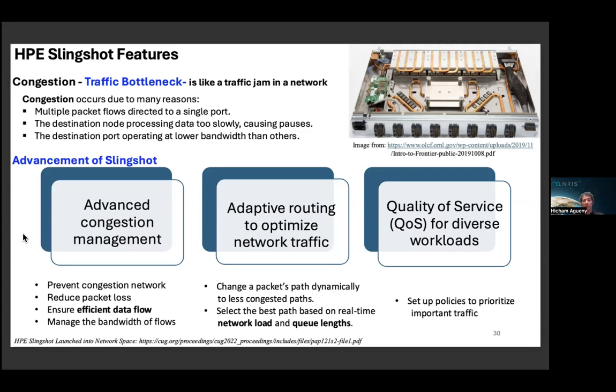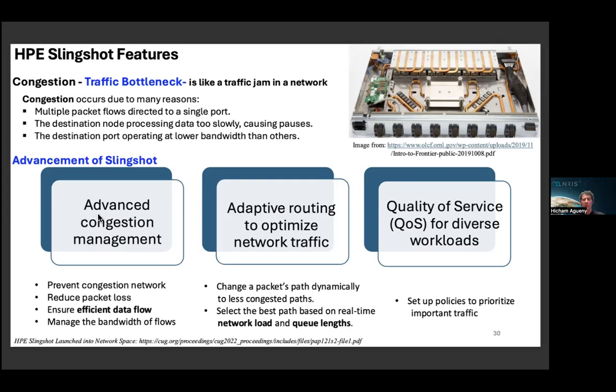Some of the features are advanced congestion management, which is a collection of techniques to detect and prevent congestion in the network. That helps reduce packet loss and manage the bandwidth between all physical ports.